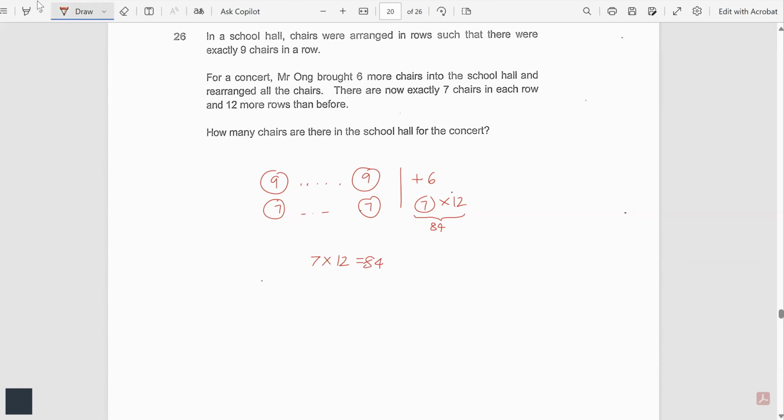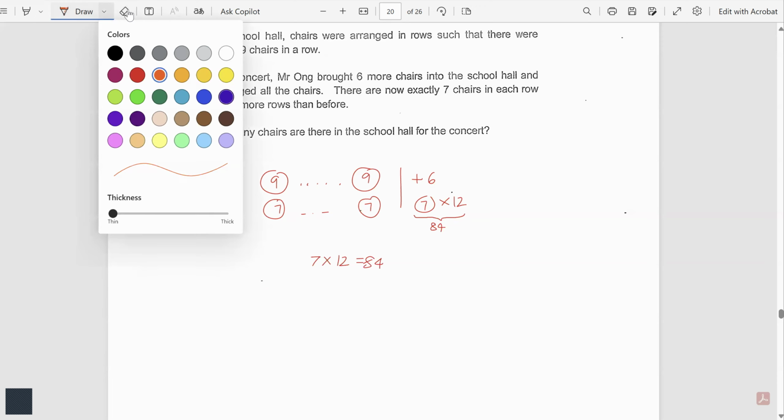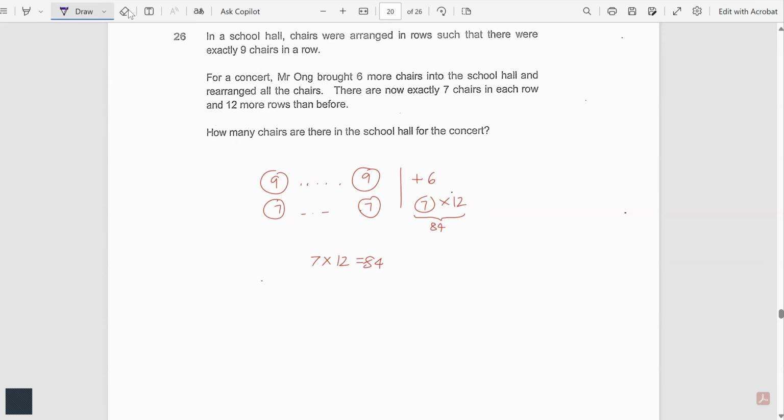Let me use another color. So let's call that total difference. The total difference, when you compare 84 and 6, is an increase of 78 here.